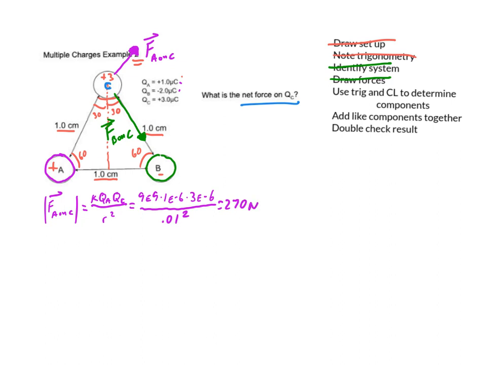I want to break this down a little bit more. Okay, this is 270, and it should be parallel with this line right here to be a nice repulsion. That means that this angle here and this angle here are both 60 degrees. So in the x direction, that's going to be 270 cosine of 60.